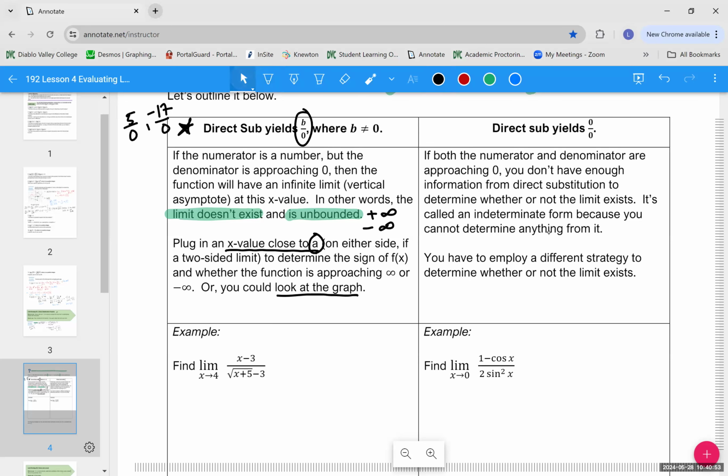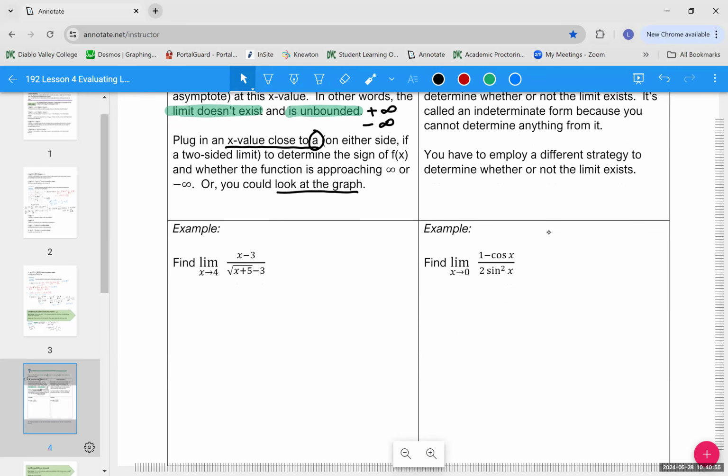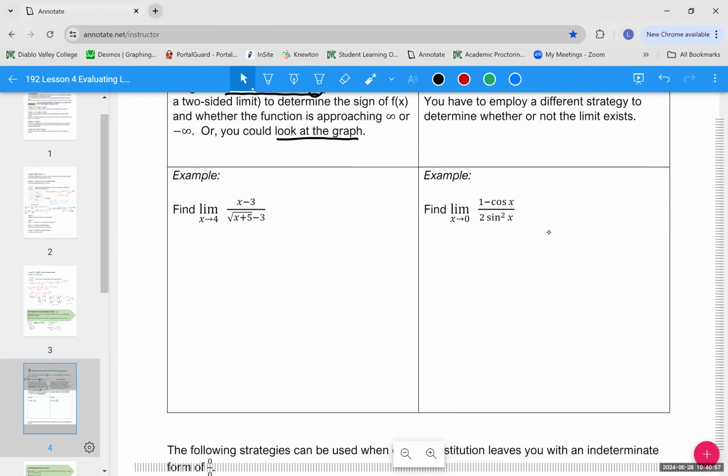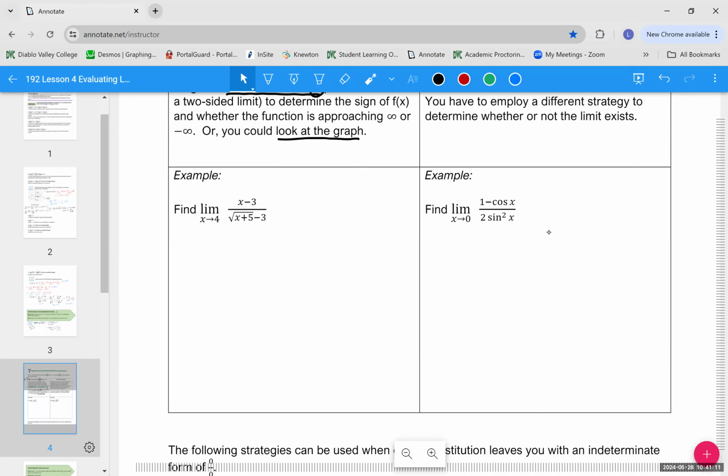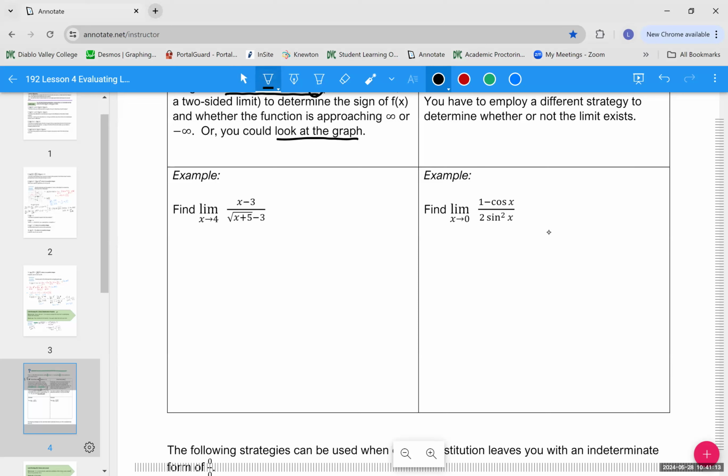So for example, let's say we were trying to find the limit as x approaches 4 of this function, x minus 3 over the square root of x plus 5 minus 3. If I go into direct substitution, I would have one over 0.